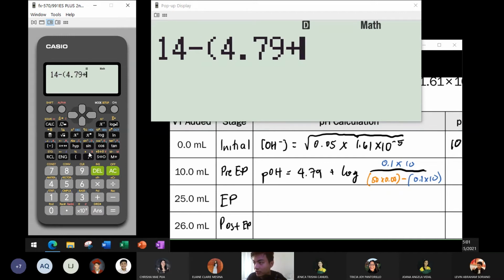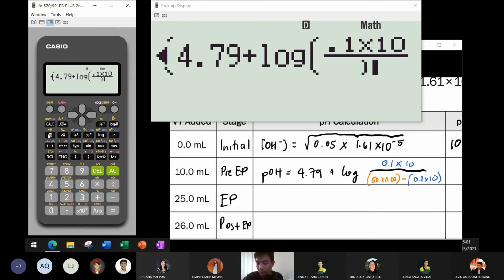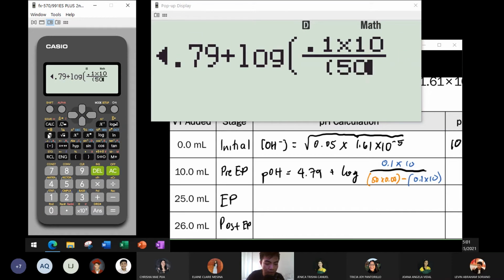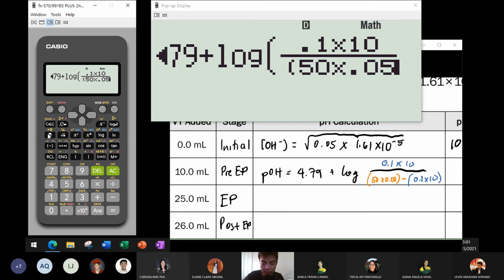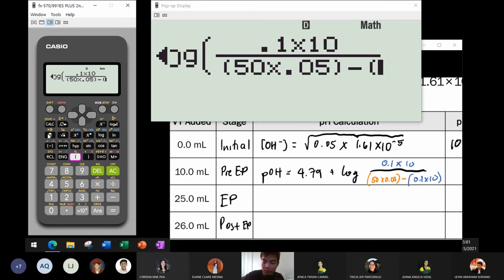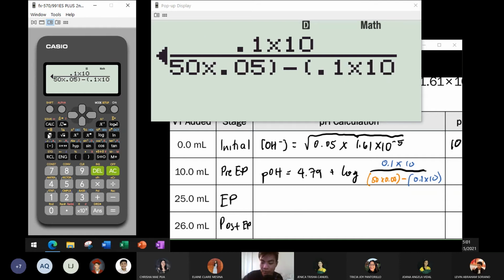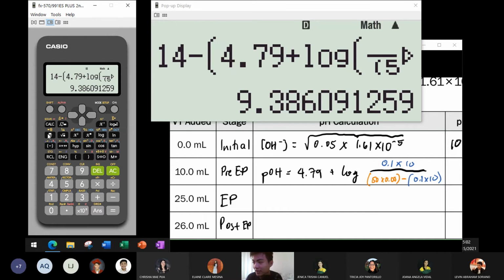4.79 plus logarithm fraction 0.1 times 10 divided by, mali yung aking, 50 times 0.05 minus, close parenthesis pala, minus 0.1 times 10, close parenthesis, enter. 9.39.